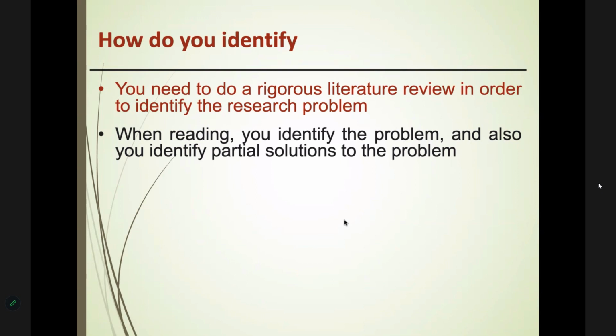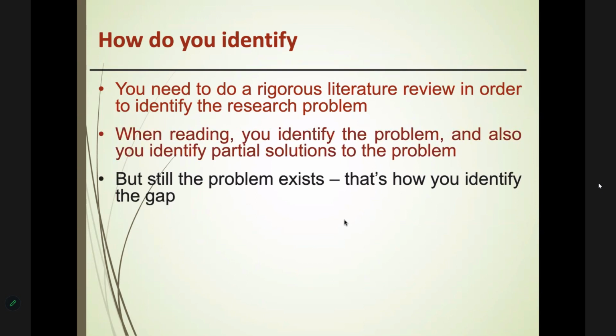However, even though you can find solutions by other researchers for the same problem that you are trying to address, if you can still prove that the problem is still there, out there in the industry, then you can say it is still a gap, right?